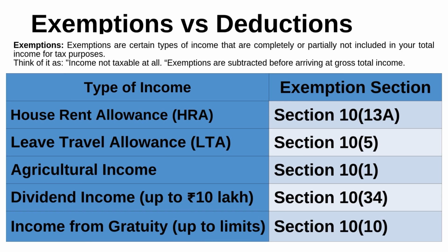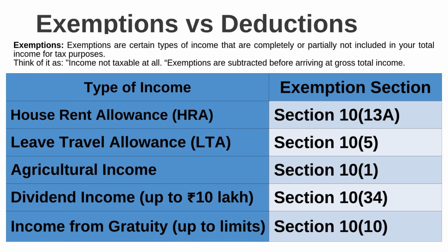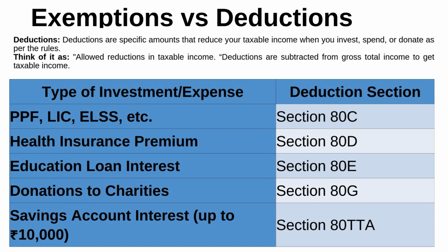Then we have the deductions. What do we mean by deductions? Deductions are specific amounts that reduce your taxable income when you invest your money in various sources defined under the Income Tax Act. It helps to reduce your taxable income in order to save tax, and also when you spend or donate as per the rules.